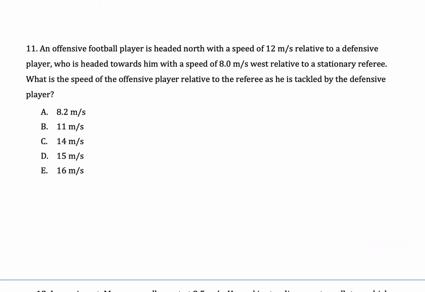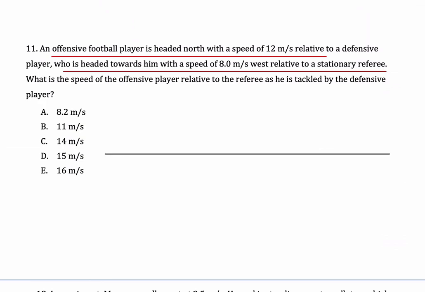However, what we have is a football player moving with 12 meters per second relative to a defense player who is headed towards him with a speed of 8 meters per second relative to a stationary fence. So if we have a diagram of the situation, somewhere there is a fence that is not moving.